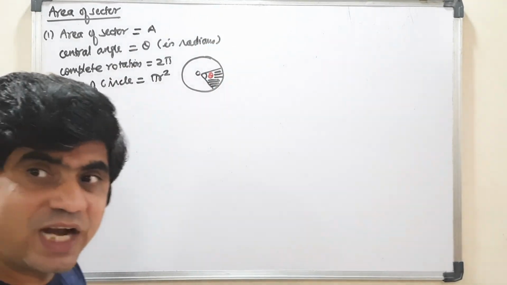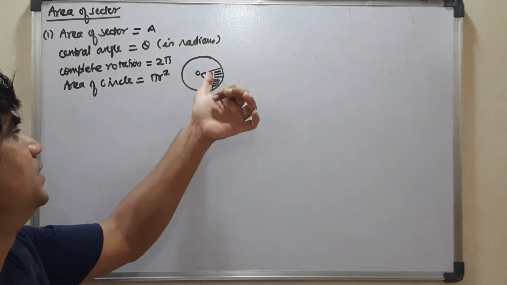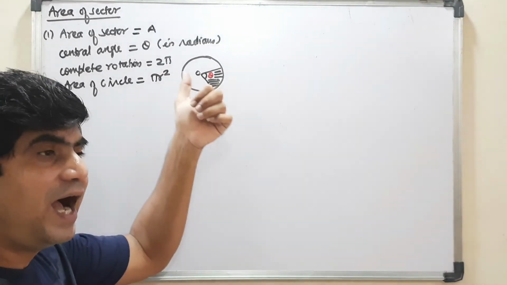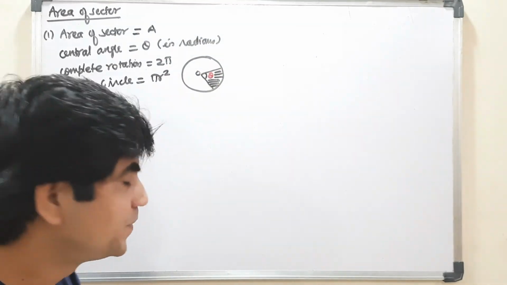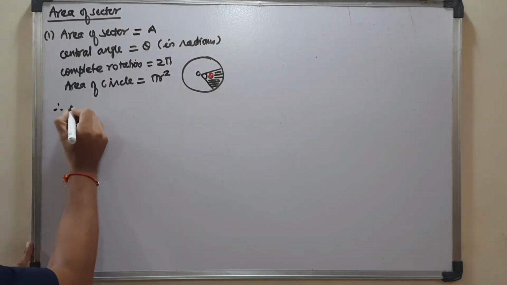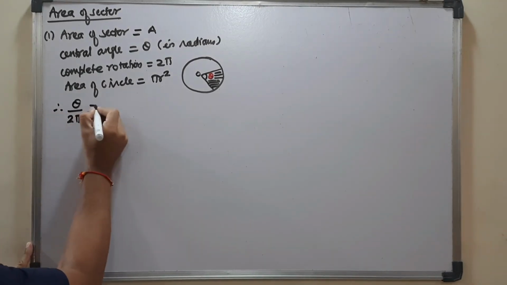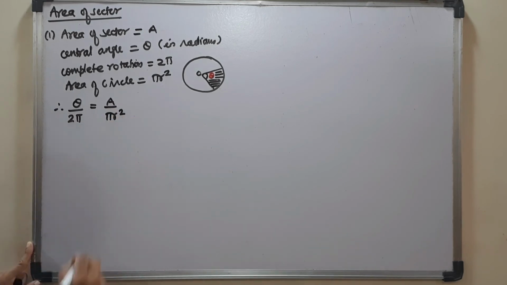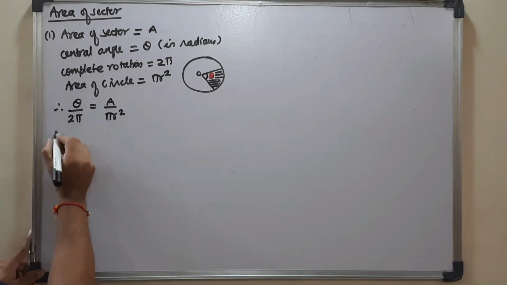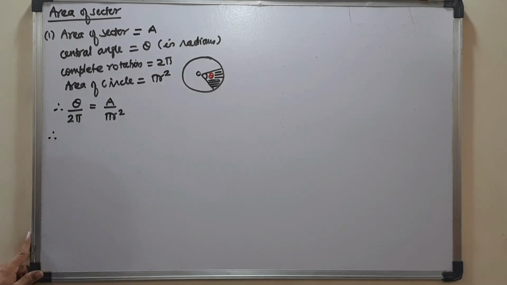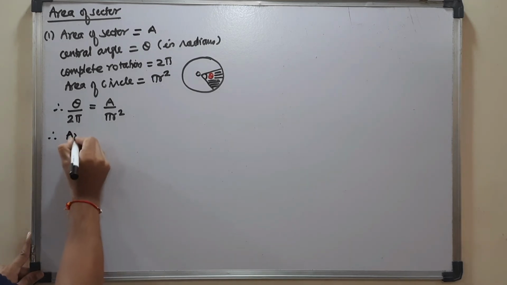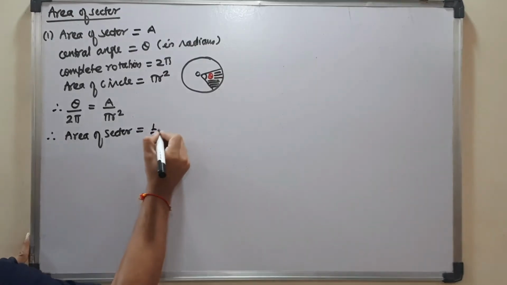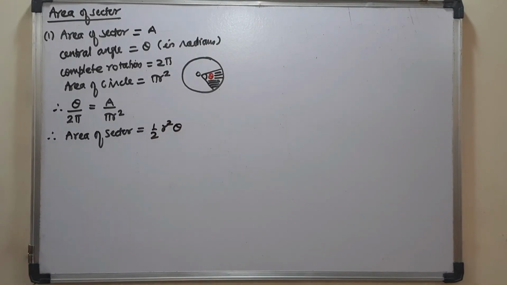That means there is proportionality found between the measure of central angle or measure of arc and the area of sector. So I can see here that therefore theta upon 2 pi, if I take this proportionality, will be equal to area of sector upon pi r square. So pi divides itself. So what I get here is that area of sector is half r square theta.